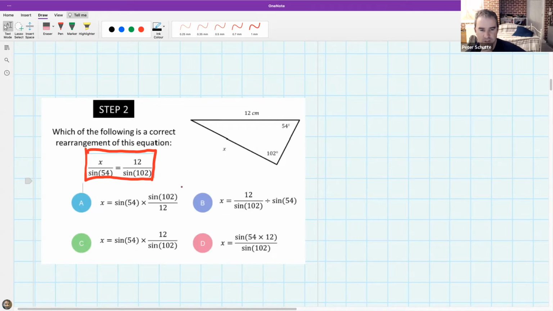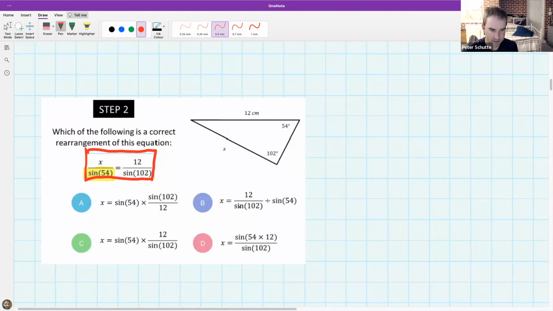Which of those 4 options, and you have to look carefully, which of those 4 look like useful to you? Think about what that final step is going to be. I think we have to deal with the sine of 54 in order to basically deal with this question.